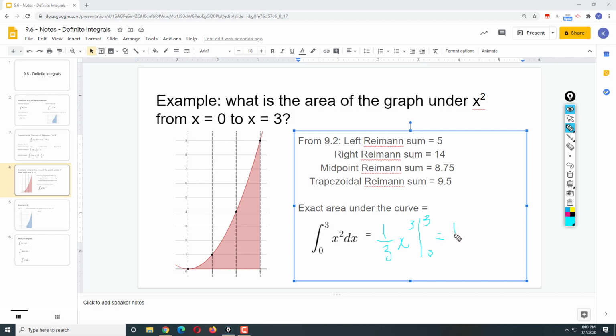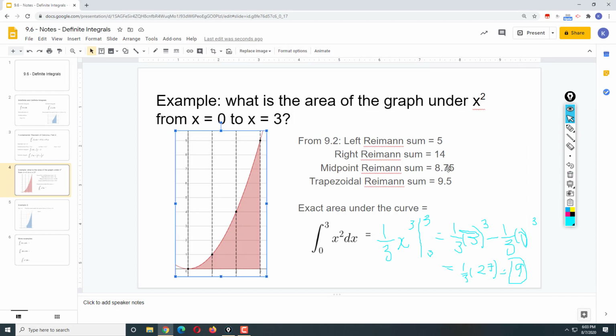So that's going to equal 1/3 times 3 cubed minus 1/3 times 0 cubed. That's 1/3 times 27 minus 0, which is 9. As we can see, the midpoint and the trapezoidal sums were pretty close to our answer of 9. Okay? That's the area.